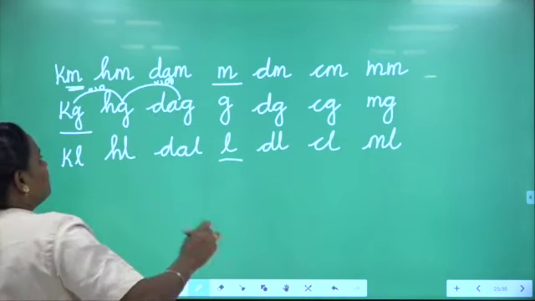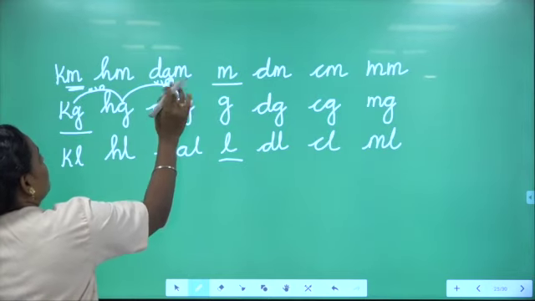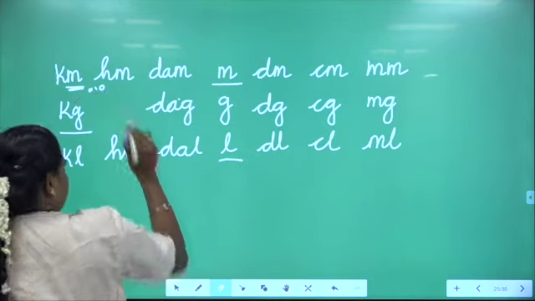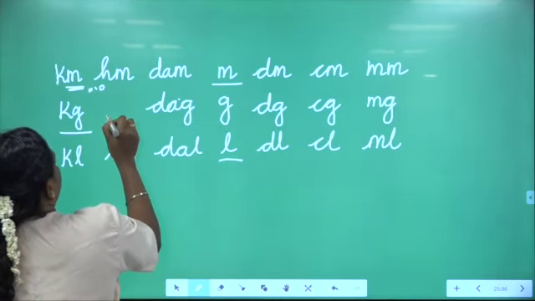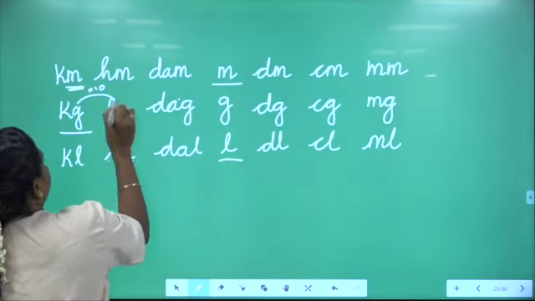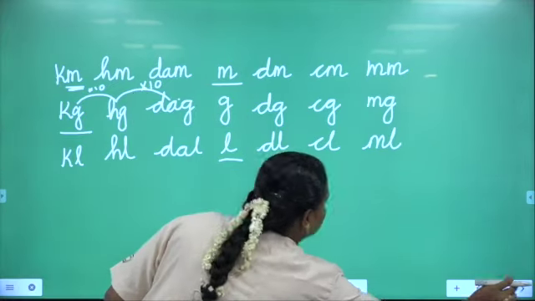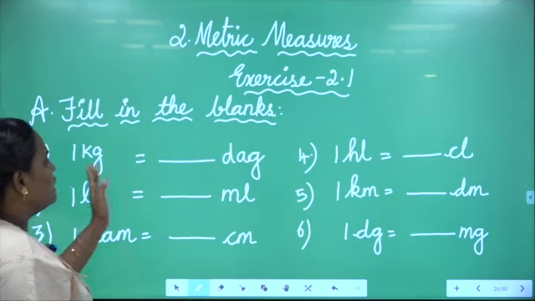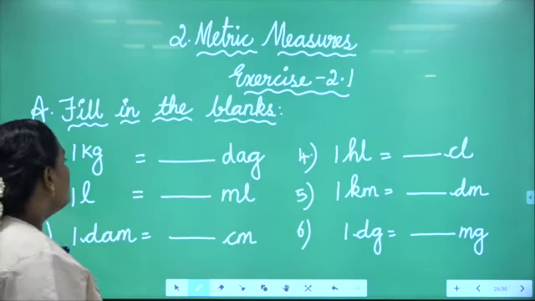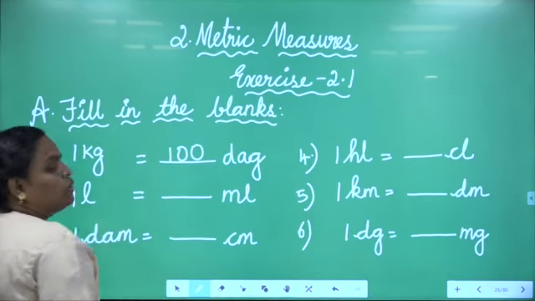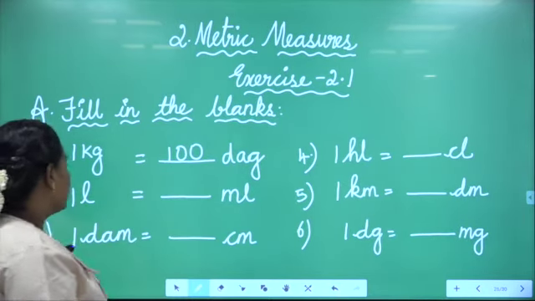So multiply by 100 because 2 times. 1 kilogram equal to 100 decagram.